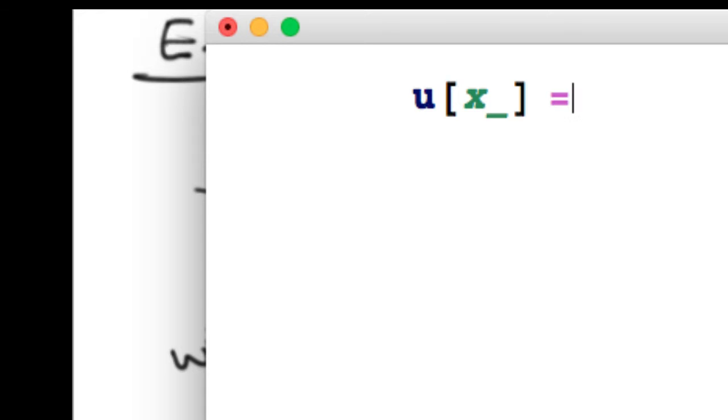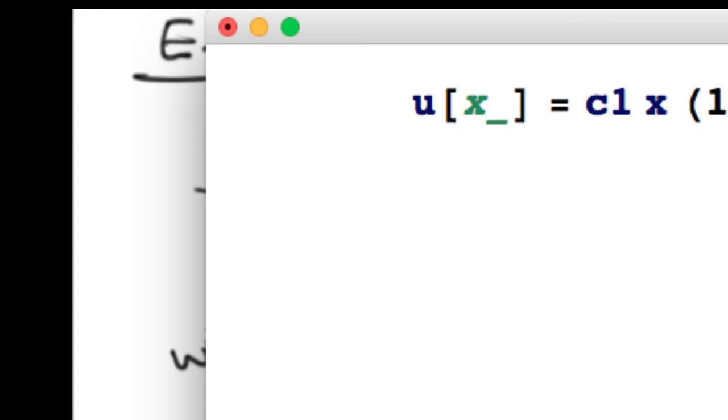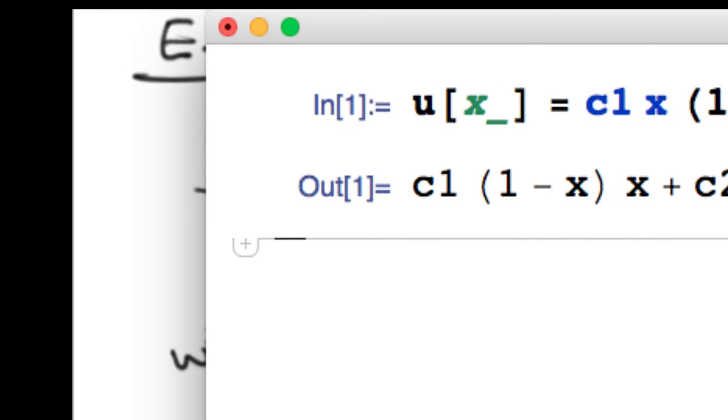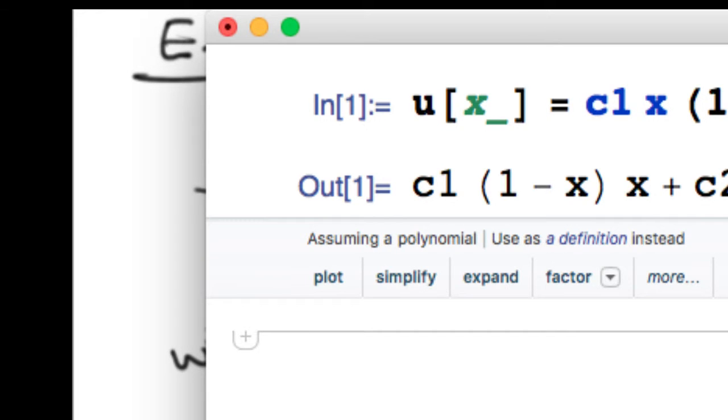So u of x is c1 x(1 minus x) plus c2 x squared (1 minus x) plus c3 x cubed (1 minus x).